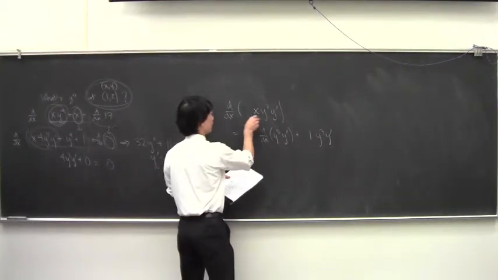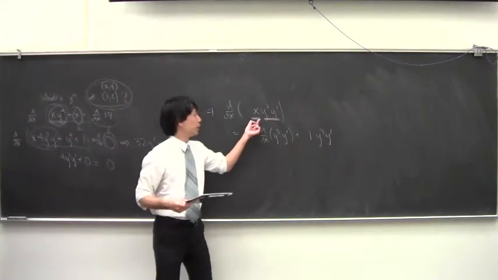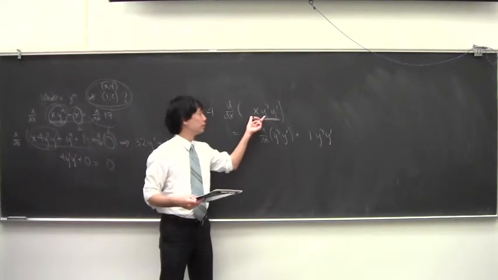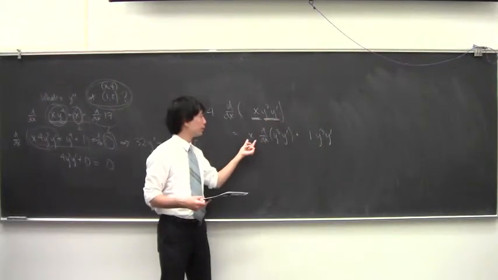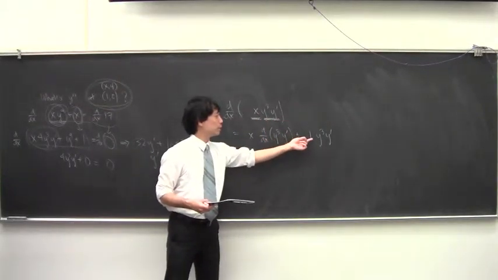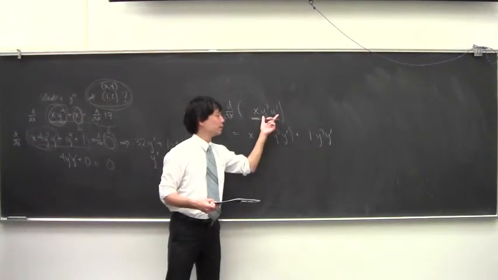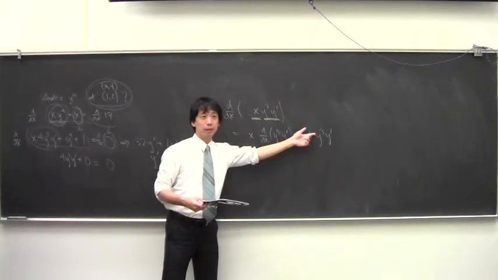First, I'm dividing this thing into two parts. You could do it some other way, but this is how I'm going to do it. This is my first part. This is my second part. First guy times the derivative of the second guy plus the derivative of the first guy, 1, times the second guy.